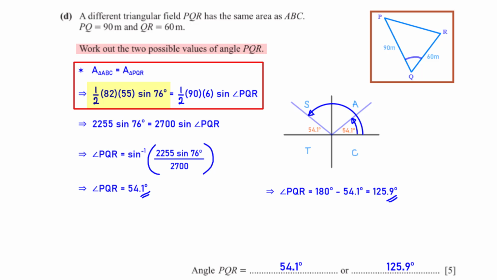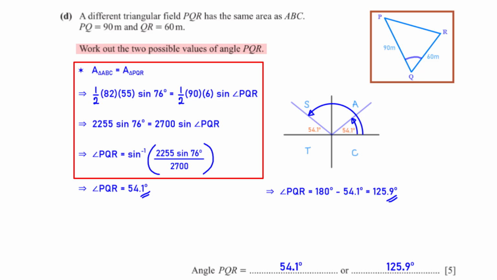Half of 82 times 55 times sine 76 gives us 2,255 sine 76. Half of 90 times 60 gives us 2,700. When we make angle PQR the subject, this is what we get. When we type this into the calculator, we get 54.1 degrees, rounded to 1 decimal place.